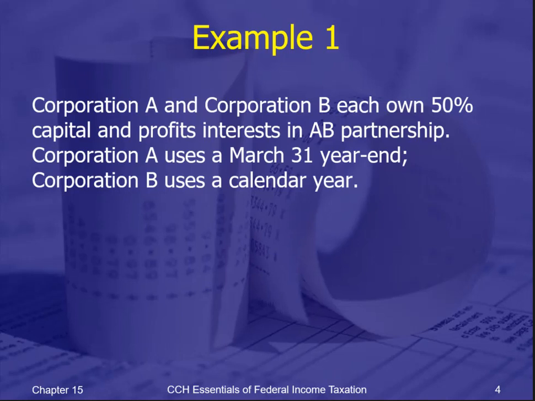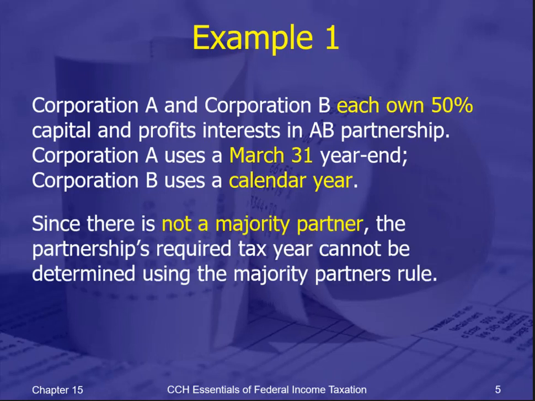So, for an example, say there's a majority partner. If one of them was 60%, we would have to use that corporation's year end, the same for the partnership.